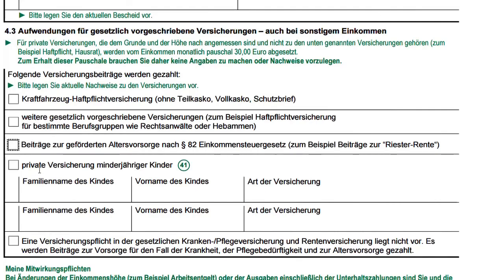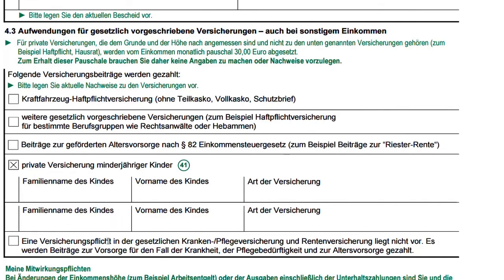If he or she has a minor child as private insurance, you mark here with a cross, and you should write the last name of the child here, the first name here, and the type of his or her insurance here. Similarly, you provide information about the second child here.